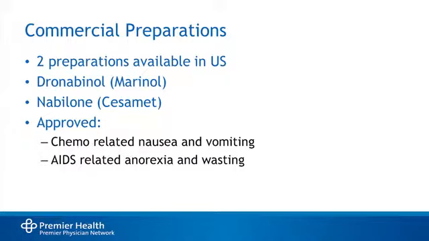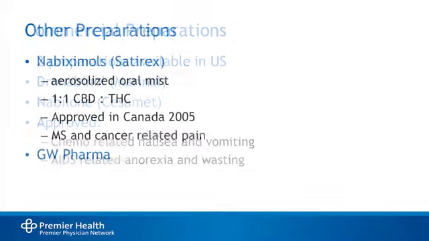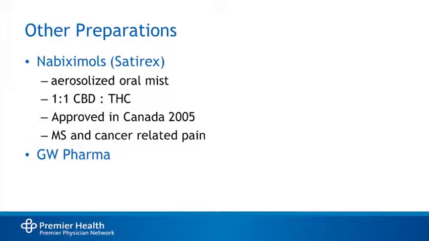There are 2 commercial preparations available in this country: Marinol, which is dronabinol, and Cesamet, which is nabilone. They are approved for chemo-related nausea and vomiting and AIDS-related anorexia and wasting. Other preparations include nabiximols, called Sativex, which is approved in Canada.